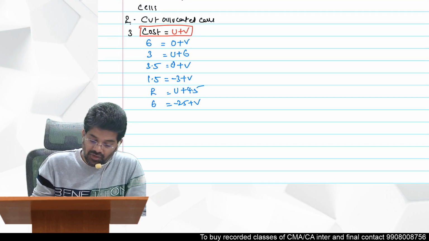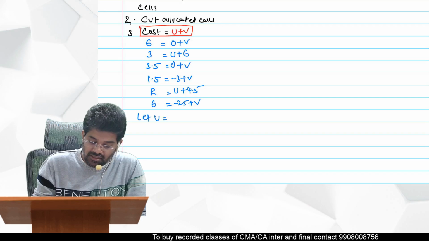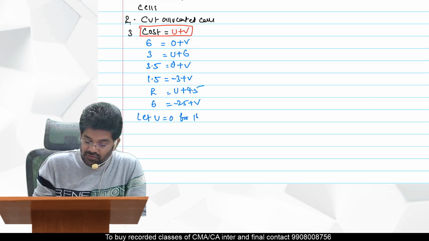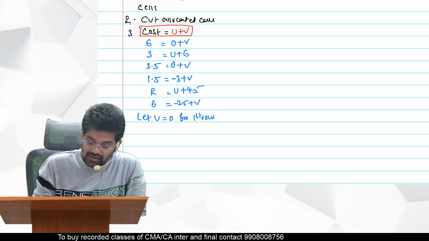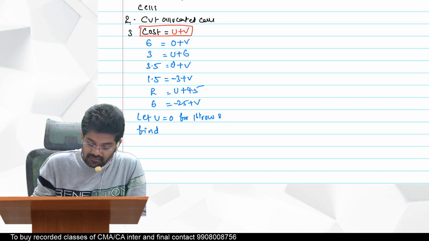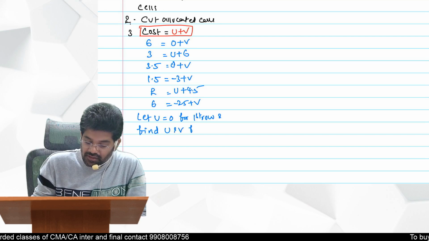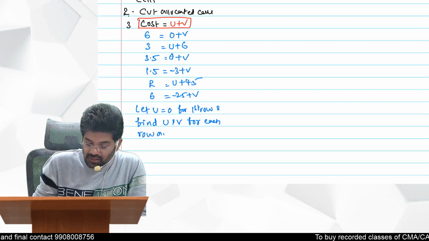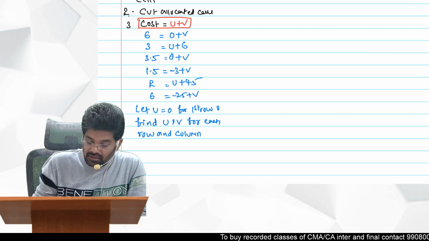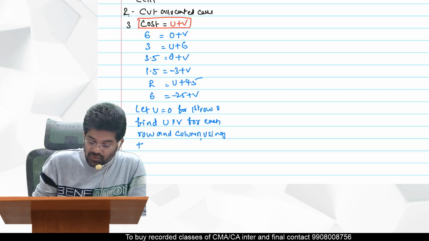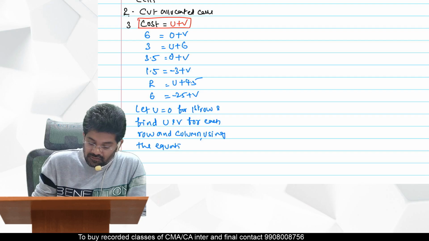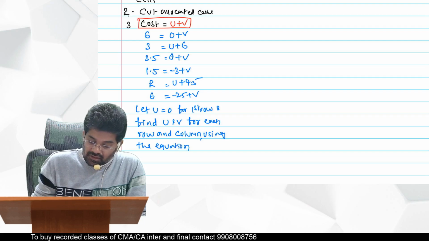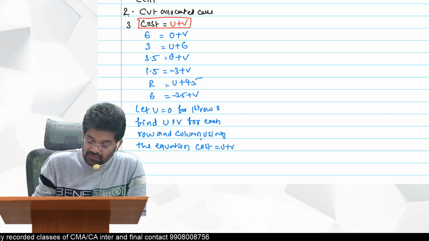First, let u equal 0 for the first row, and find u and v for each row and column using the equation cost is equal to u plus v.